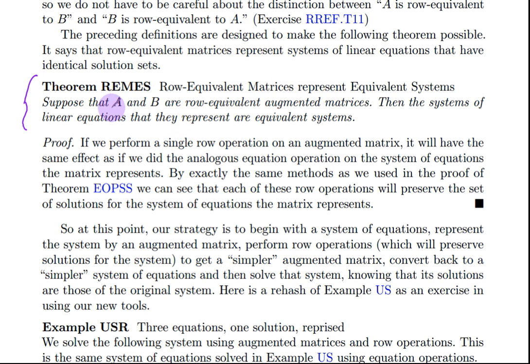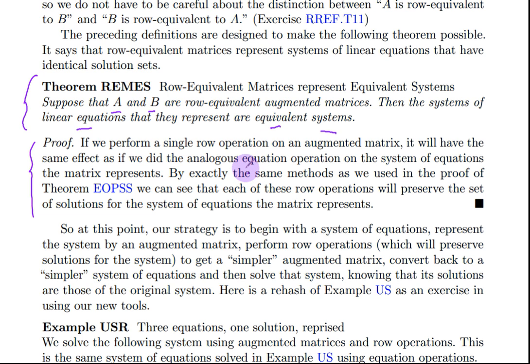All right? So suppose that A and B are row equivalent augmented matrices. Then the systems of linear equations that they represent are equivalent systems. And the proof is simply that we're doing the same thing with rows that we did with equations. We're just using a different notation.